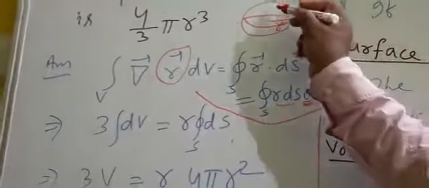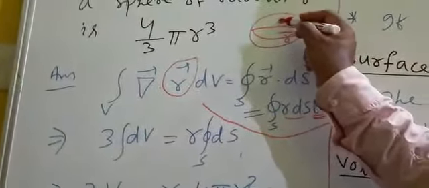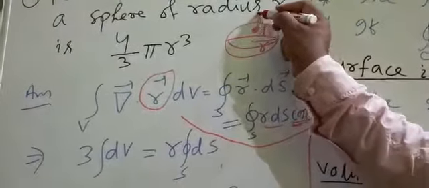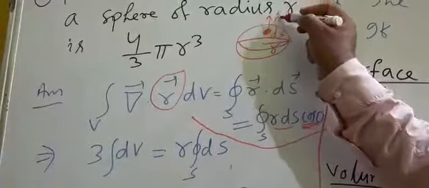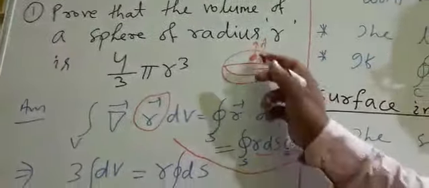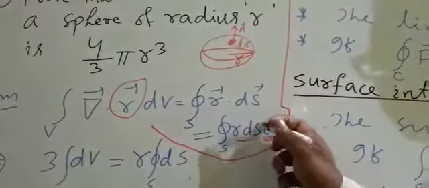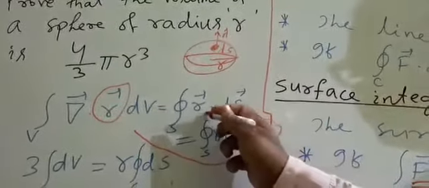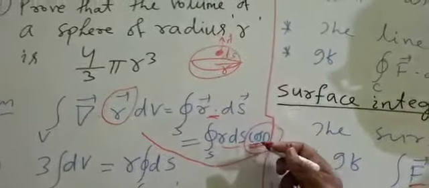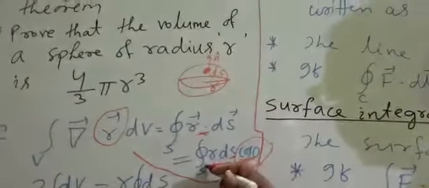Because ds is the elementary surface, and n cap and ds are along the same direction. So in the same direction the angle is 0. The dot product means cos theta, and cos 0 is 1. So simply it is r ds.